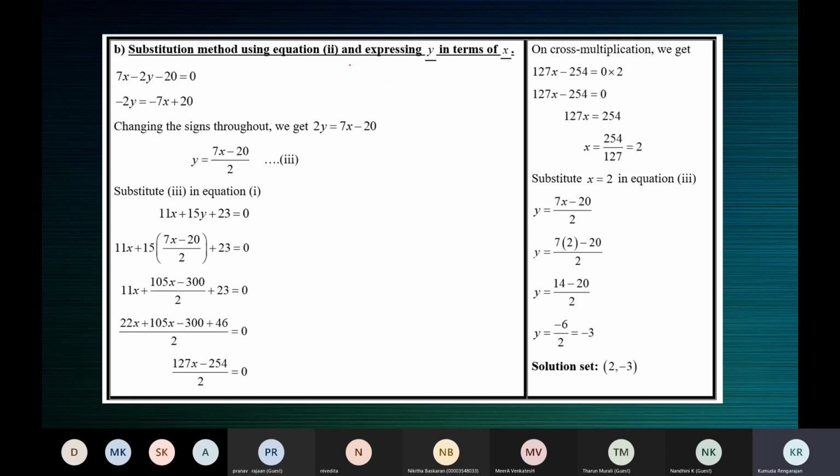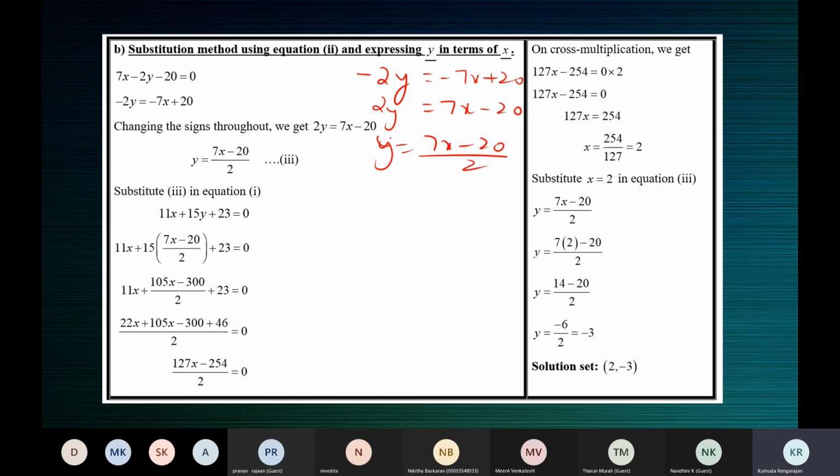I've taken up the second equation, minus 2y is equal to minus 7x plus 20. Change the signs throughout: minus 2y becomes plus 2y, minus 7x becomes plus 7x, plus 20 becomes minus 20. So y is equal to (7x minus 20) divided by 2.